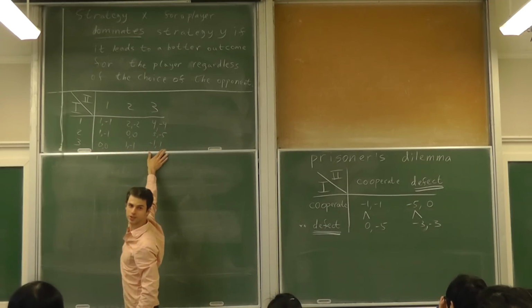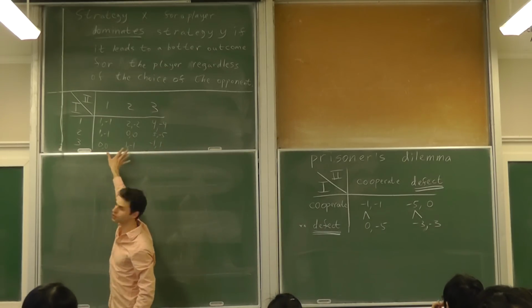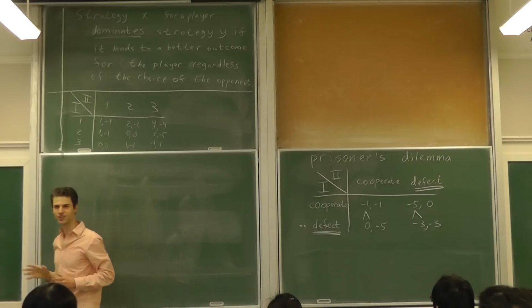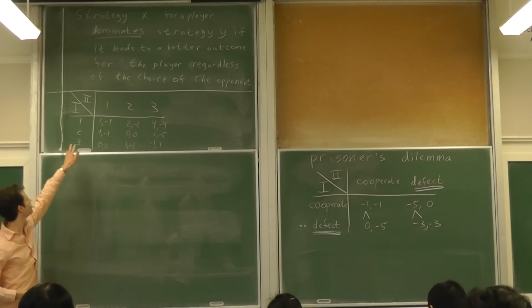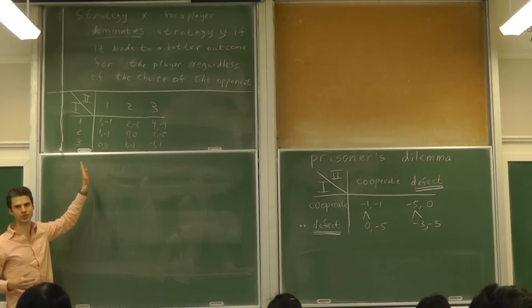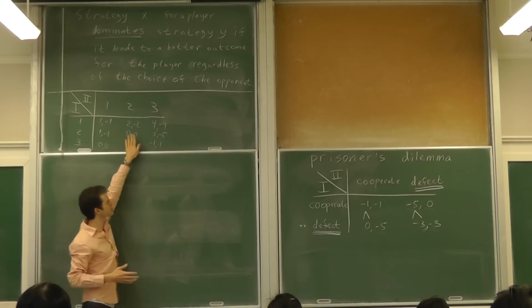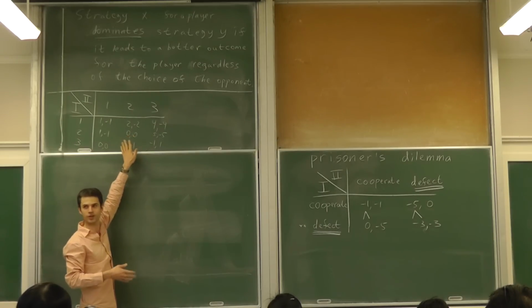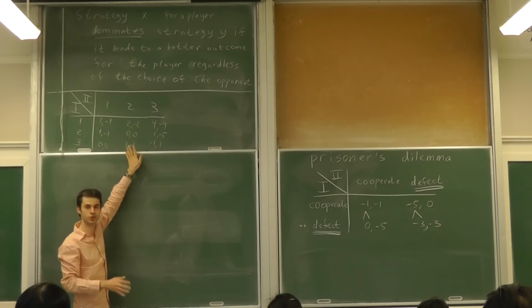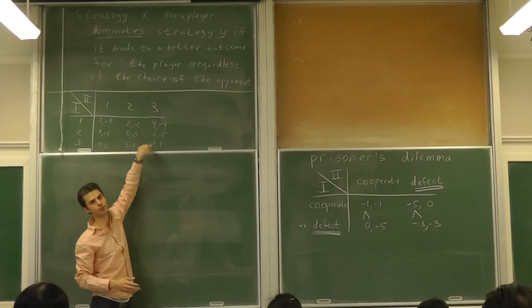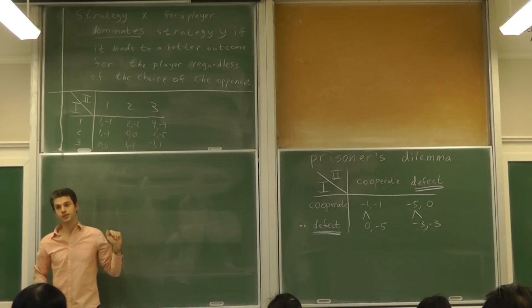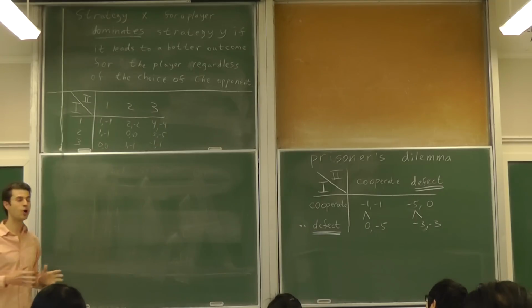And you see that this game seems rigged against player number 2. The second company will lose some market share in each individual outcome except for this one.